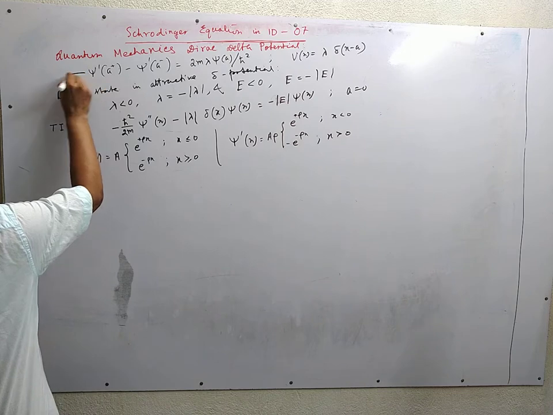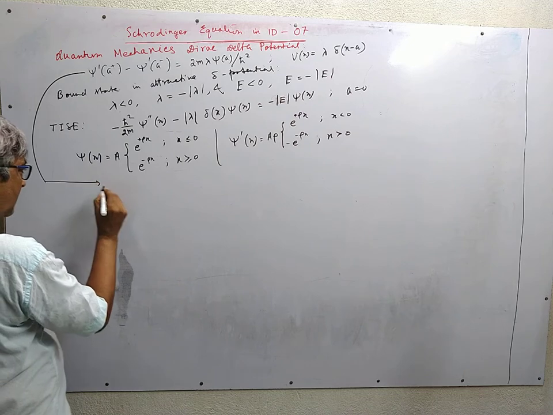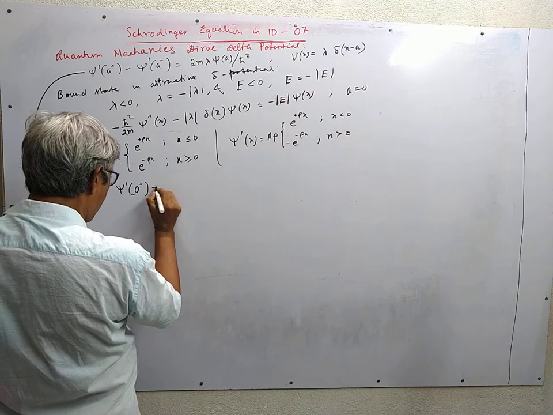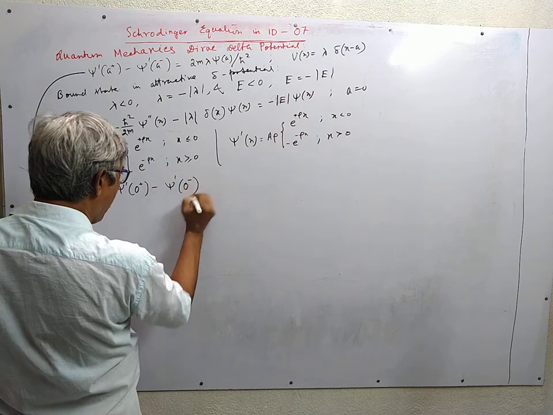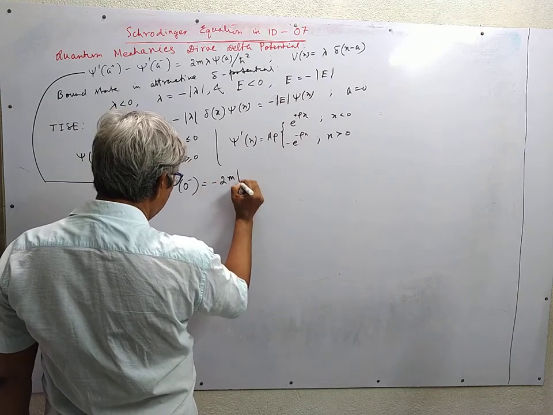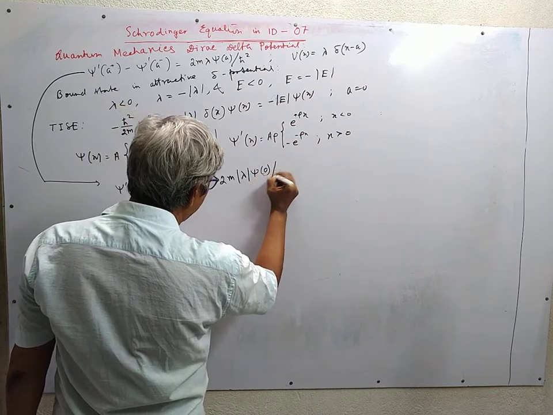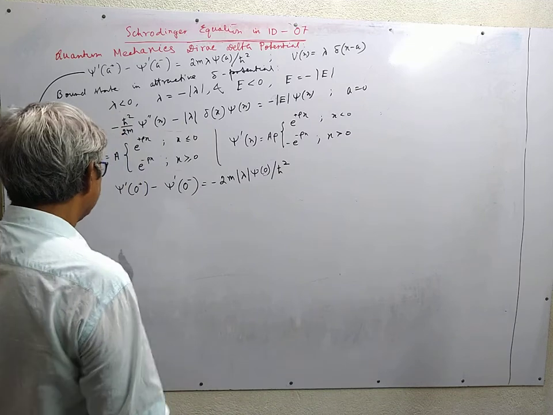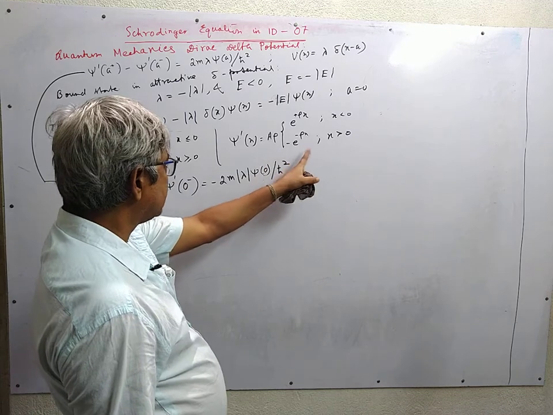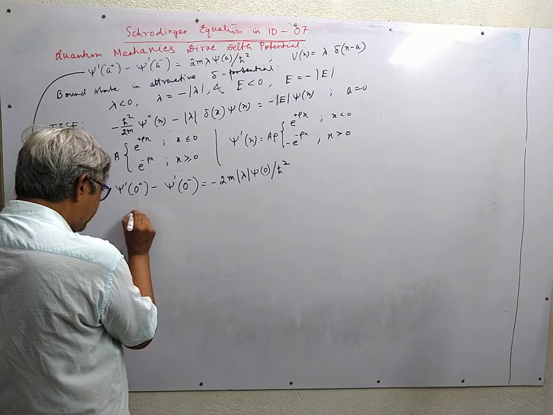So this expression in the present case becomes psi prime at 0 plus minus psi prime at 0 minus is equal to minus twice m mod lambda psi at 0 by h line square. This part is minus rho a at x is equal to 0, as x tends to 0, this is rho a, minus rho a, and this is minus 2 rho a.